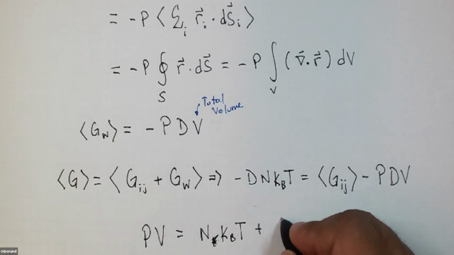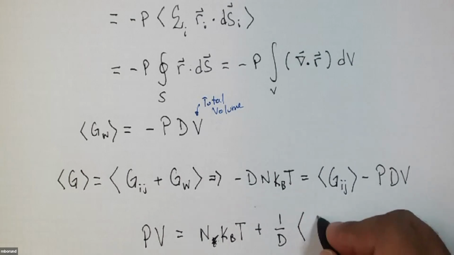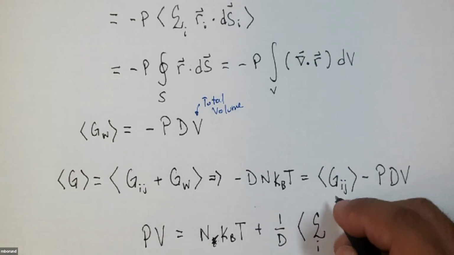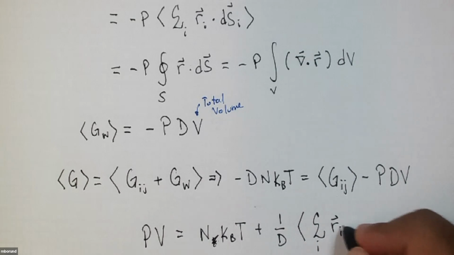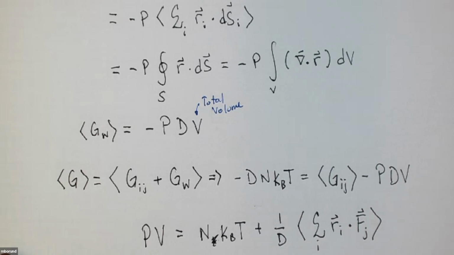This would be the only term that doesn't have a D on it, this one right here. So I add that over D, and that's the average over all the particles of R_i dotted with F_j. So this is particle i, force from other particles on it.